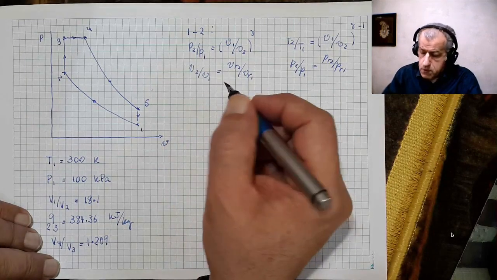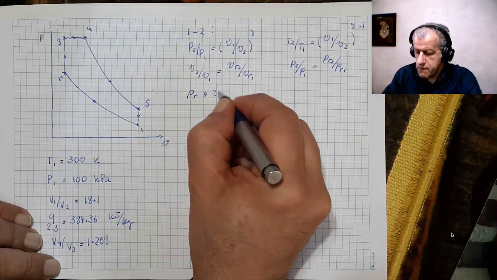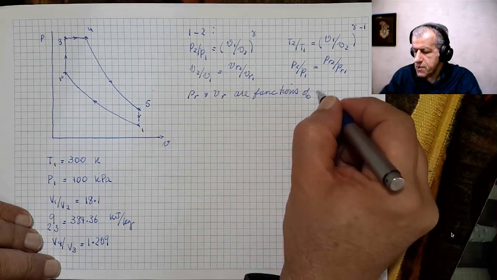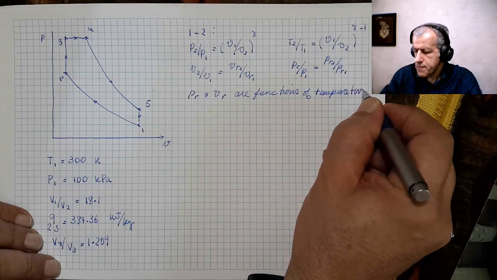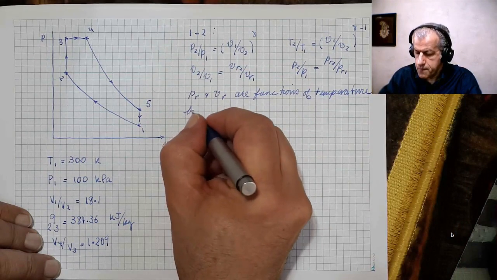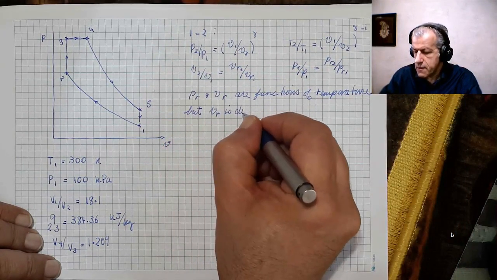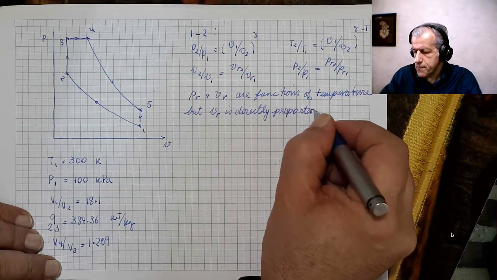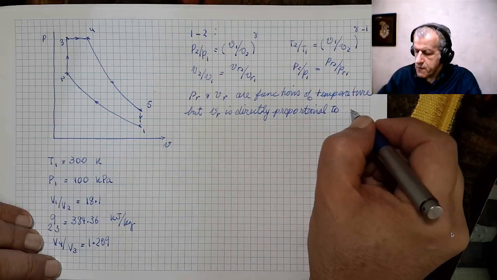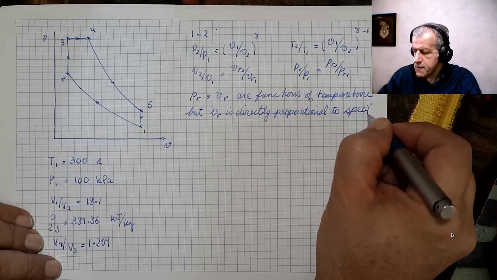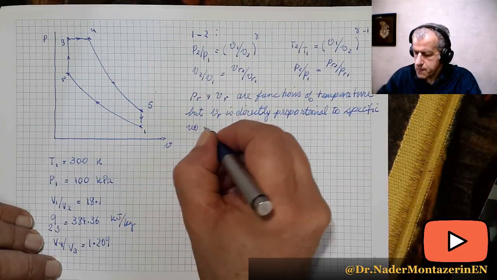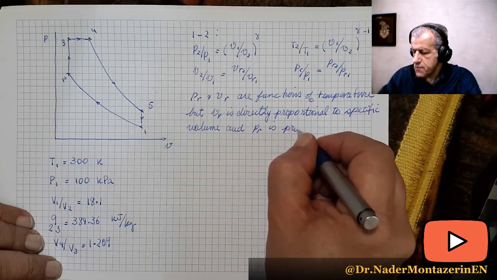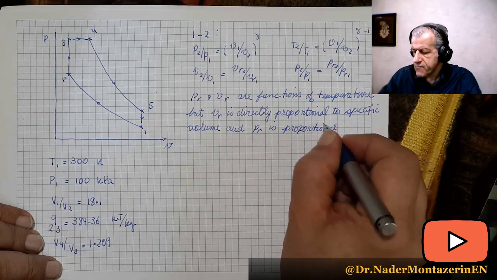So we could write that PR and VR are functions of temperature, but VR is directly proportional to specific volume, and PR is proportional to pressure.